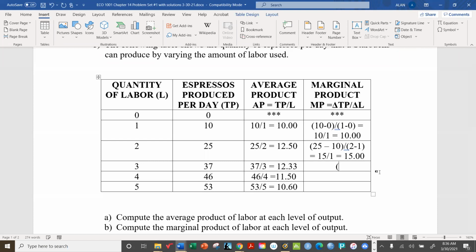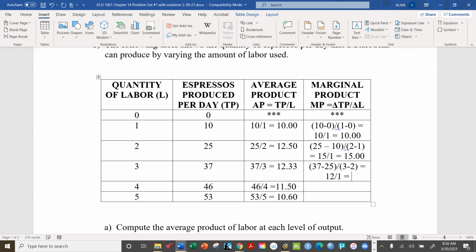Possibly as soon as the next level of output, we have 37 minus 25 over 3 minus 2, which is 12 over 1, which is just 12. Okay, so already it has started to decrease. It went up at first, but now it's already turning down. And as you know from the chapter, once it starts turning down, it'll continue to fall forever.